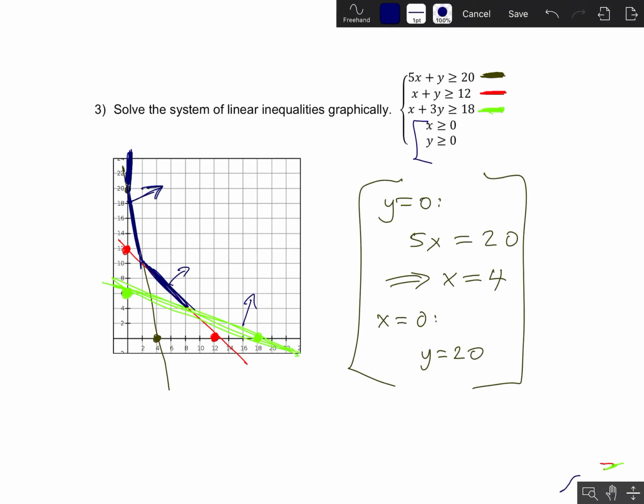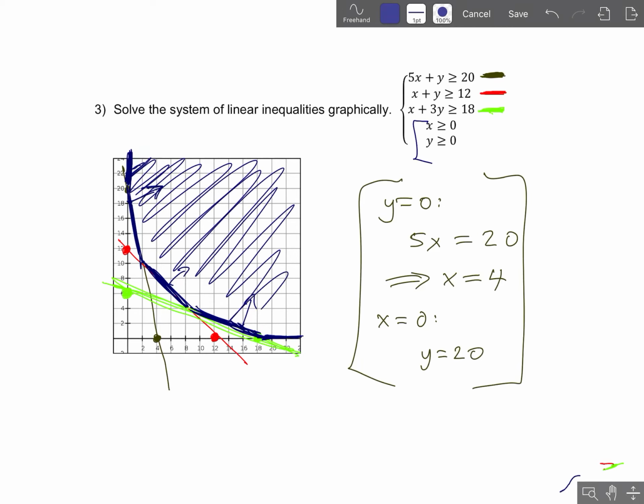And then the boundary would go along this line, and then along this line, and then along this line, and then along the x-axis, because we have to keep our y values bigger than or equal to 0. So the intersection of all of the solution sets here would just be this big region up here at the top.